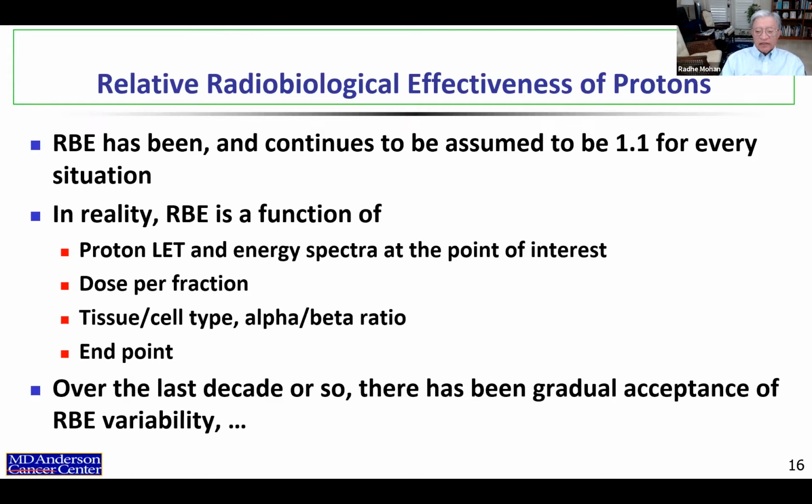But even now, I think the vast majority of places use the value 1.1. Some changes are occurring at MD Anderson and Mayo Clinic and other places, but by and large, that is the case. We are beginning to use LET as a surrogate for variable RBE, but even that I think is rather limiting. I think we need to develop better models for RBE, and that effort is continuing.